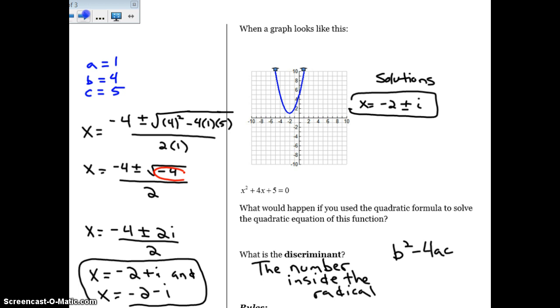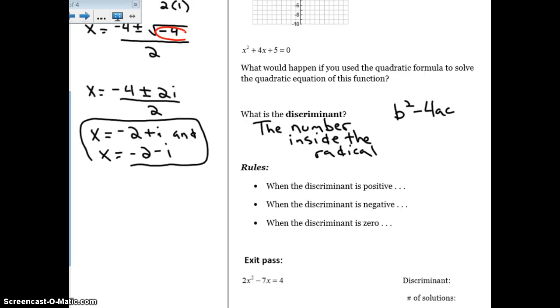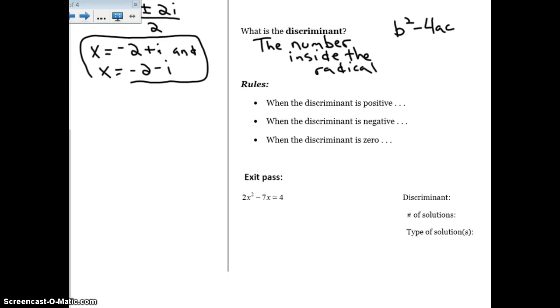Whatever that number is, that's your discriminant. And there are a few rules here.